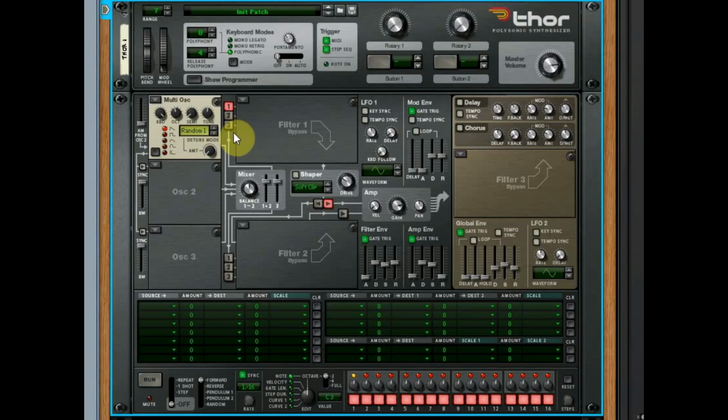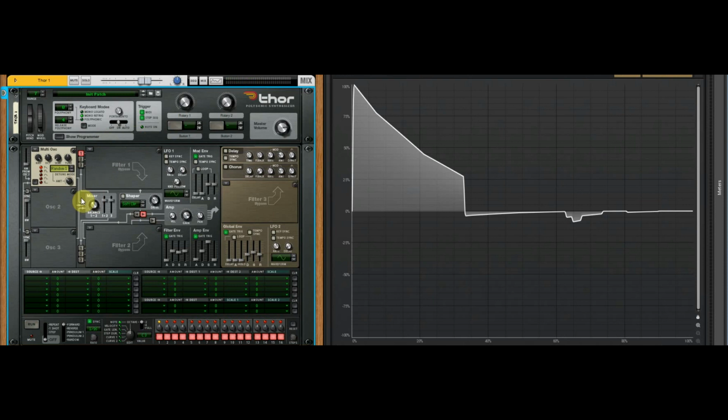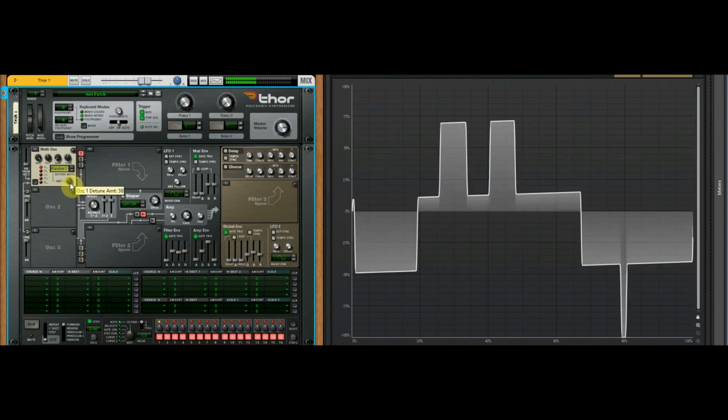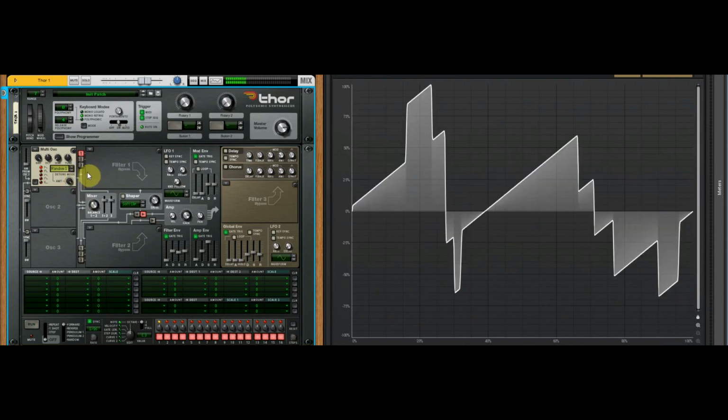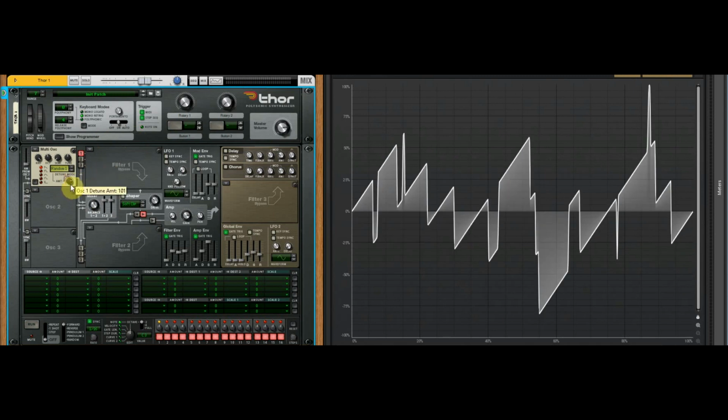So if I want to apply my detune mode, there's a very EDM sound to it there, and then you just take it to an extreme. It's just slightly above tune noise there.